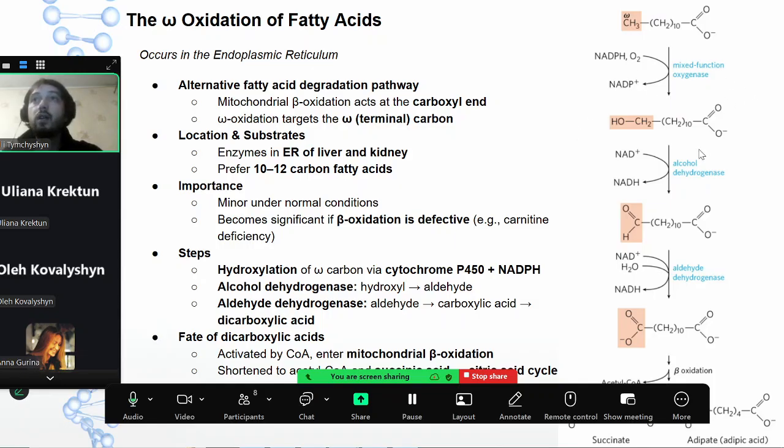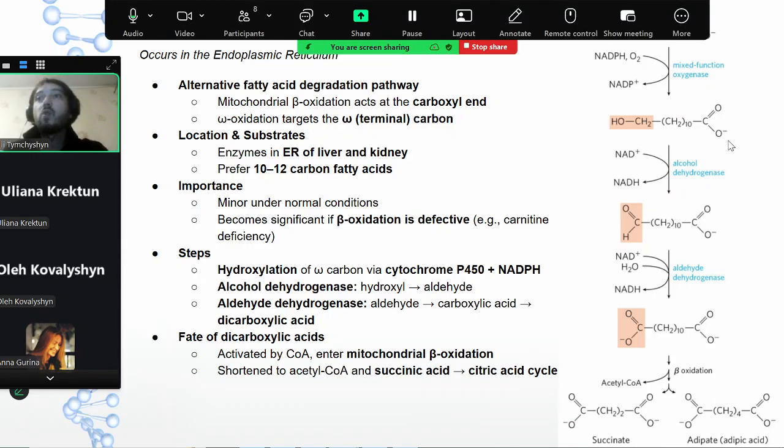Here you see the steps of this pathway. A mixed function oxygenase adds an OH group to the terminal carbon atom. So it's still an acid, but with an OH group it's an alcohol as well. With an alcohol, we can involve alcohol dehydrogenase, which transforms it into an aldehyde.